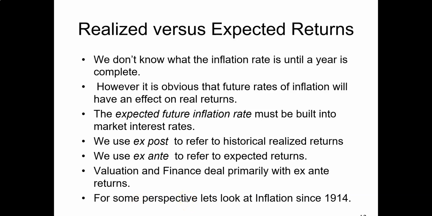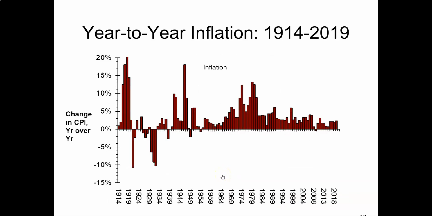Let's have a close look at the inflation rate for United States over the past 100 years. So in this graph, we can see that the inflation rate changed over time. It was high in 1914, and during the Great Recession, the inflation rate is negative.